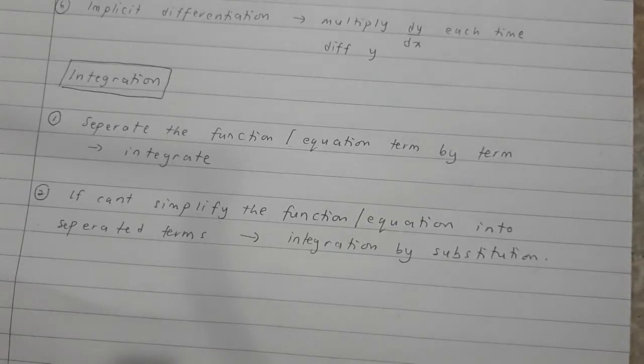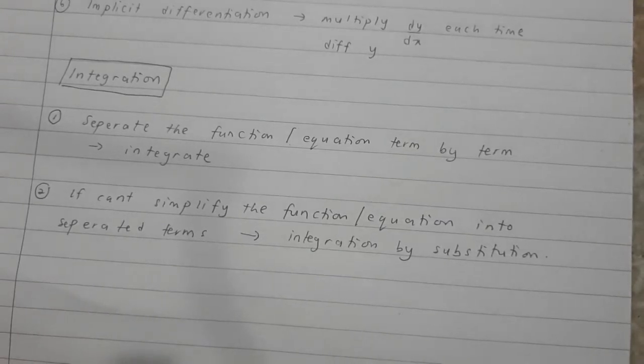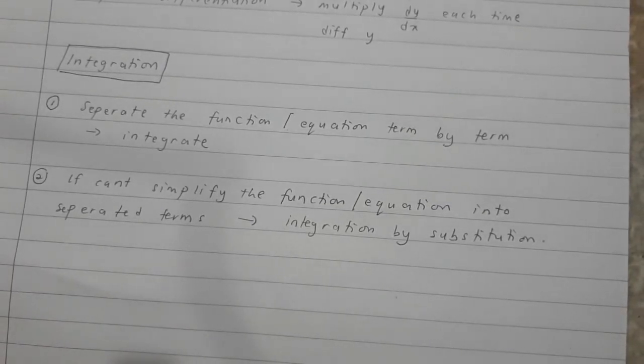So to solve an integration question, when we are asked to integrate a certain function or equation, the first method is to simplify the function into separated term by term.